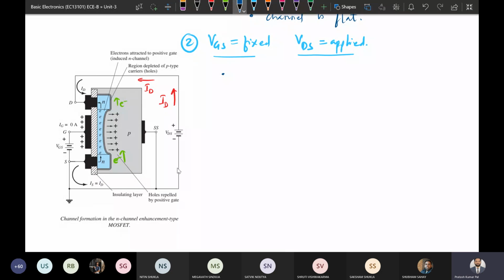Okay, so here an induced channel is available with plenty of electrons available for conduction.